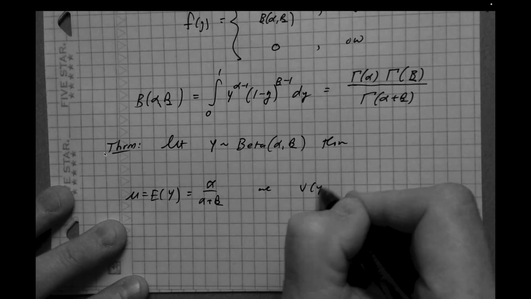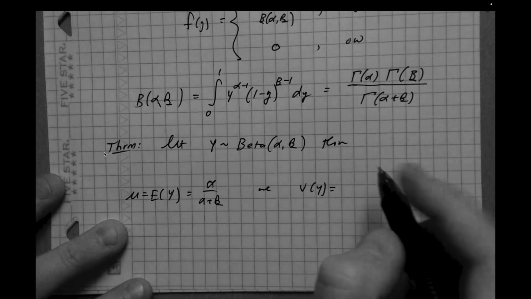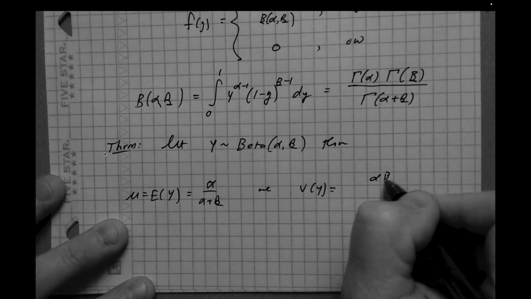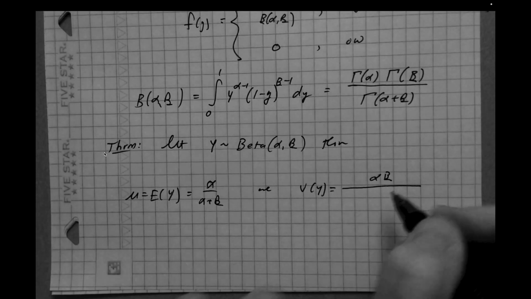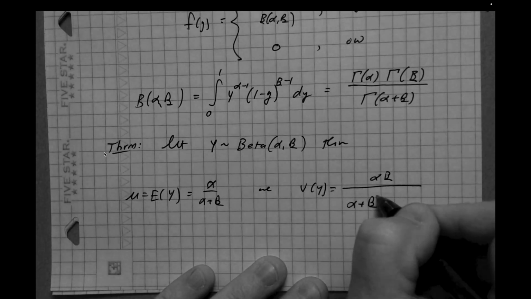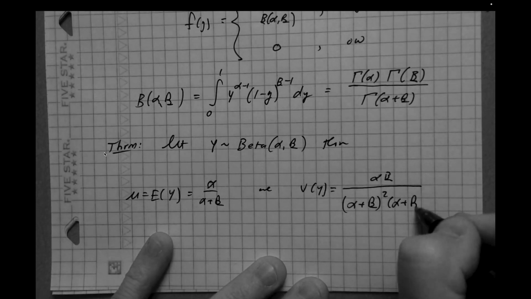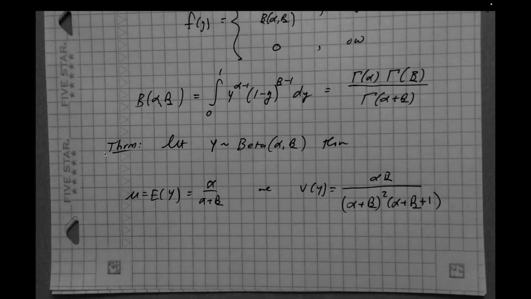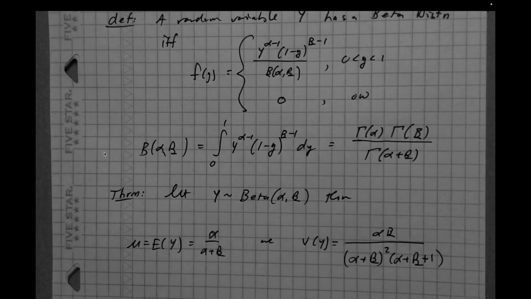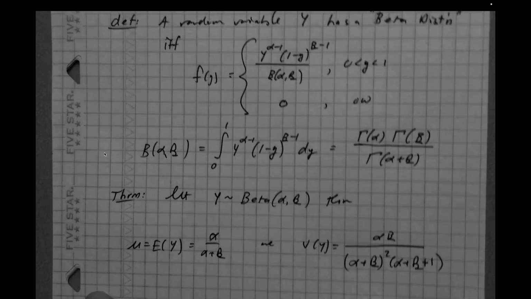And the variance of y is equal to alpha beta divided by alpha plus beta, quantity squared, times alpha plus beta plus 1. So not as easy to remember as the gamma, but that's all right. And so this is our beta random variable.